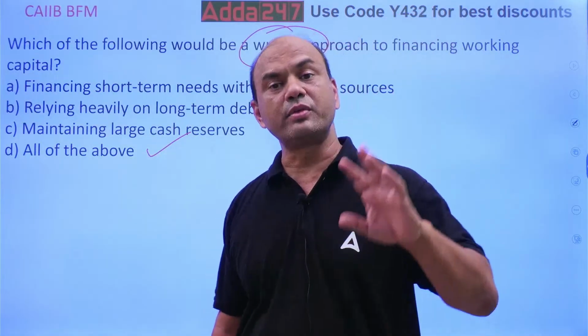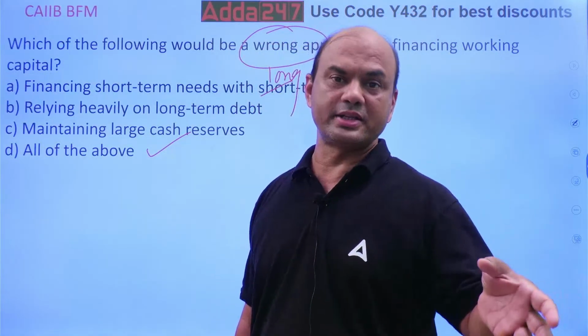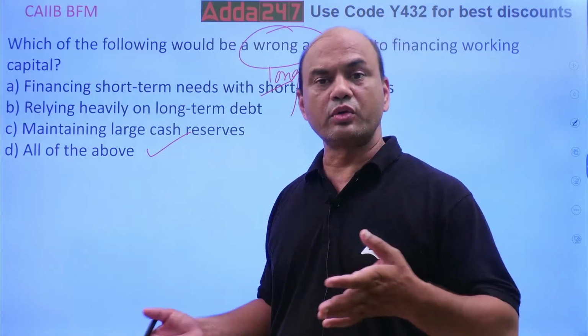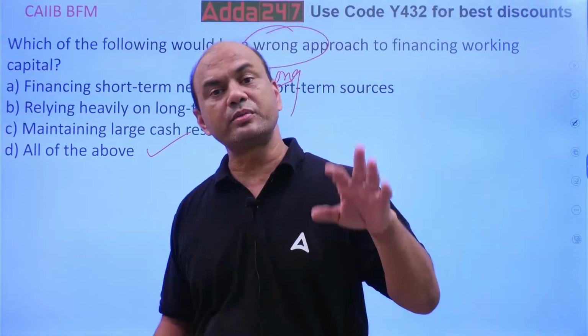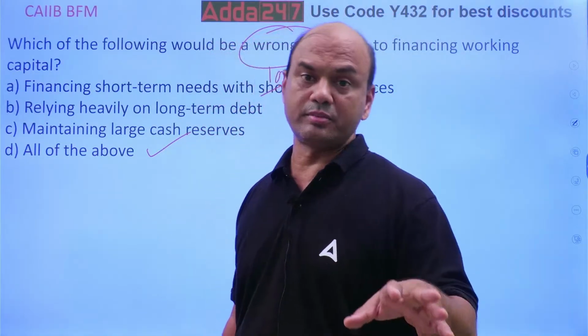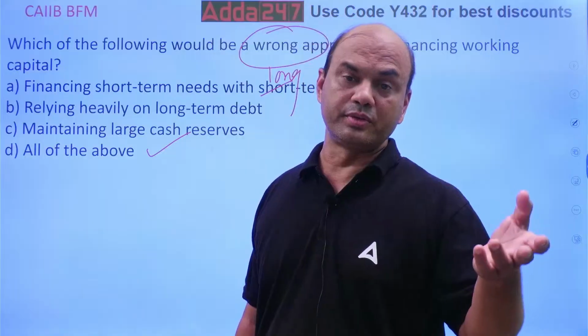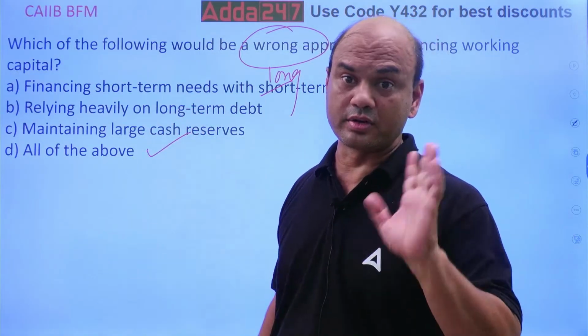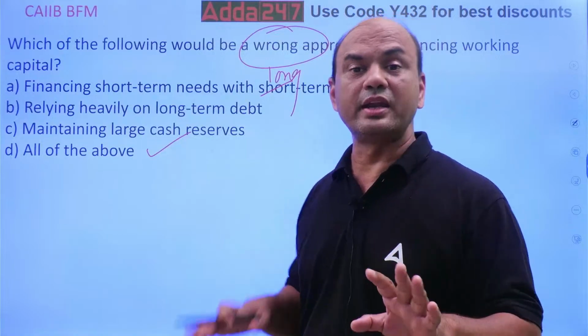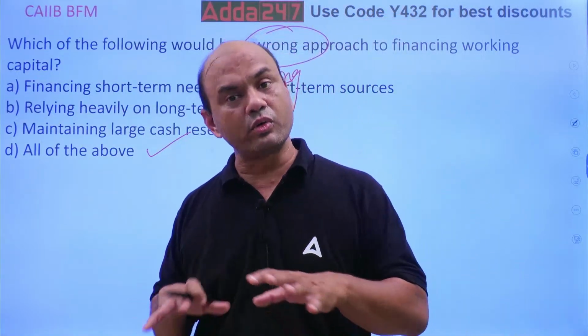One is you take it from the banks and private parties. Second is your own funds, equity. So if you take from the bank as long-term loan and use it for your short-term finance, that is wrong. That will create an imbalance in your overall financial structure.